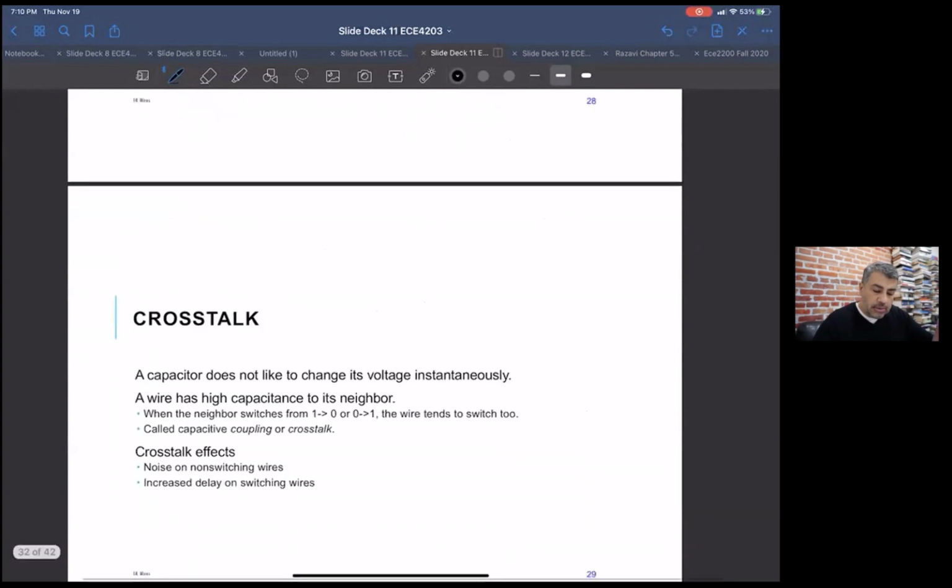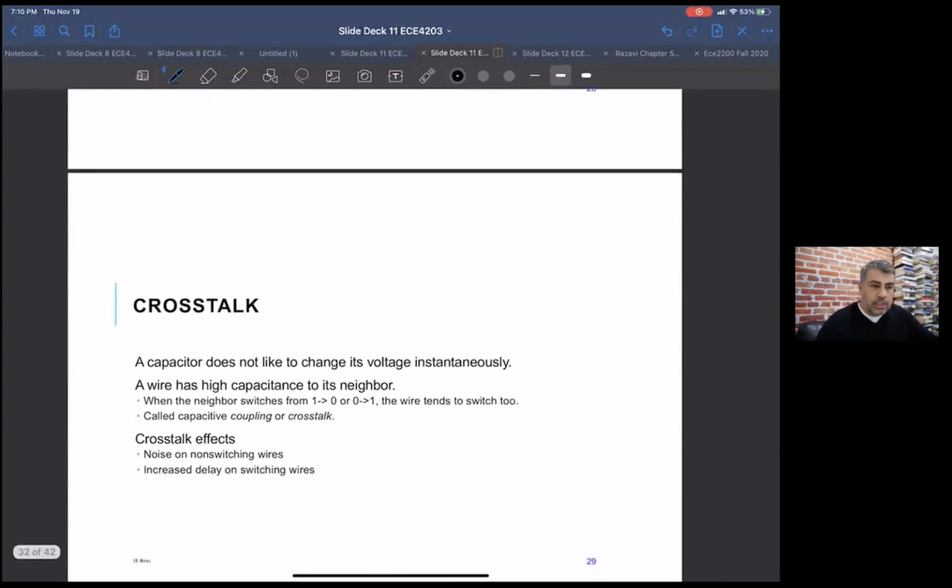The second issue that interconnects bring that we don't normally have is, what if you had an inverter, same thing, let's say 10x driving a 2x, but you had a bus full of these guys. Okay, you had these guys running halfway across the chip, and you had a sizable capacitance coupling these two lines.